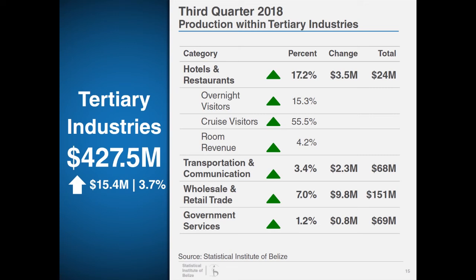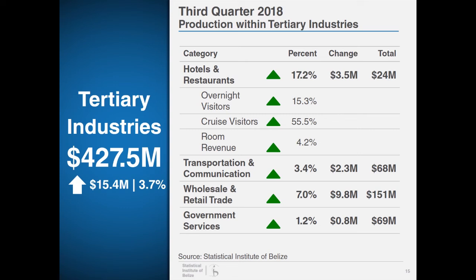Within this sector, we saw hotel and restaurants going up by 17.2% or $3.5 million, totaling $24 million. And this is reflected in overnight visitors going up by 15.3%, cruise visitors going up by 55.5%, and room revenue also going up by 4.2%.